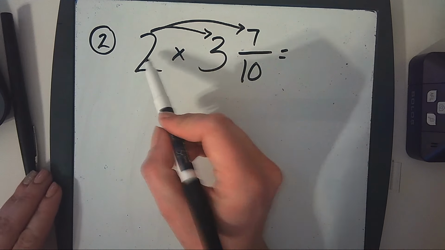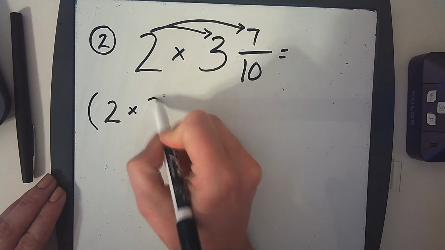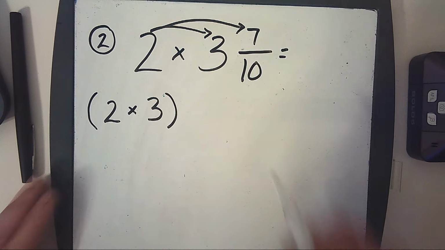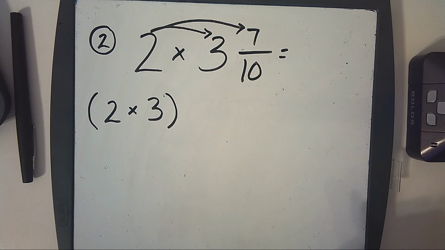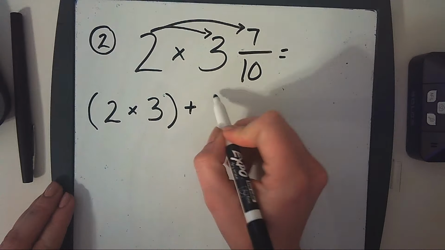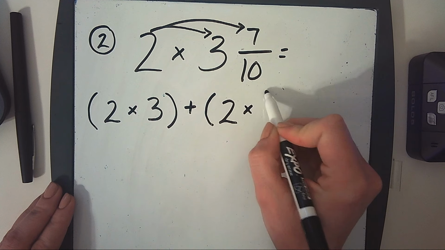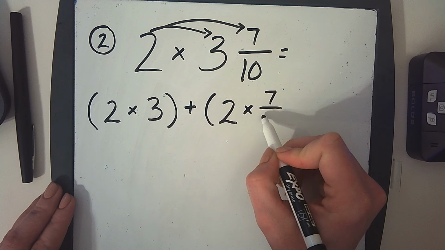Our first equation is 2 times 3. And our next equation is 2 times 7/10. Make sure you put the plus sign in the middle because you're adding both of those answers together to get your final answer.